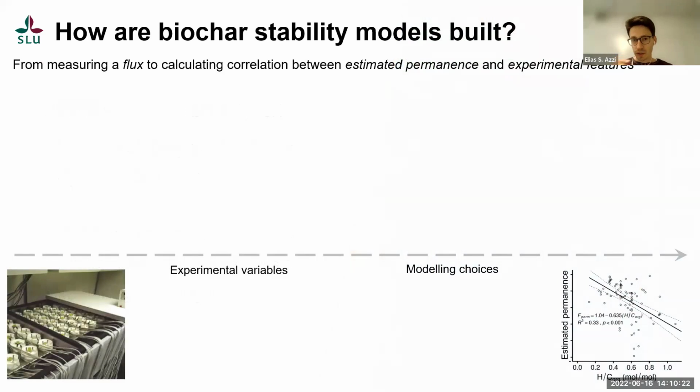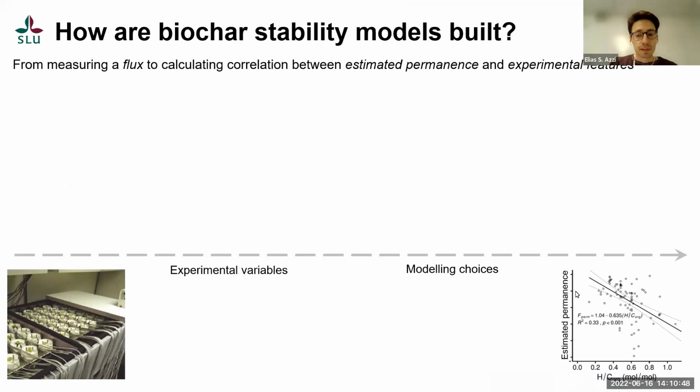So biochar stability models, to create them, we have to start from measuring fluxes of carbon dioxide in the laboratory, as you have in this kind of machine here on the left. And then at the end, we need to correlate an estimated permanence or stability of the char to some easily measurable property, and we get some kind of an equation or a model.